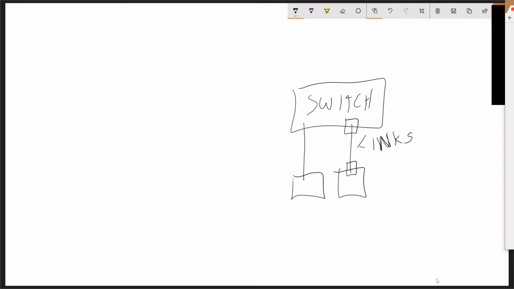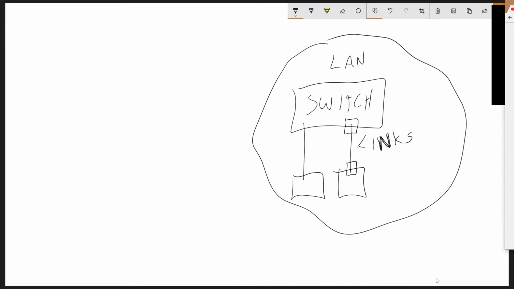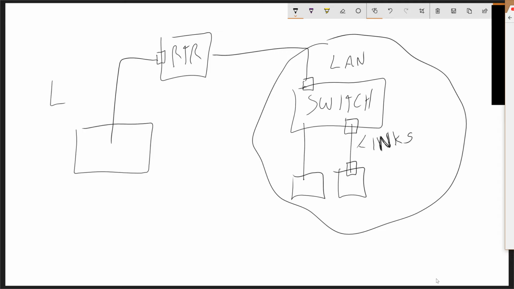So you've got links. And then this switch, so this is a LAN. This is a contained LAN. Then this switch may, via a trunk link, go to a device called a router and then communicate to a local area network over here. Now, we're not going to touch on this because this is focused on LANs in this episode.